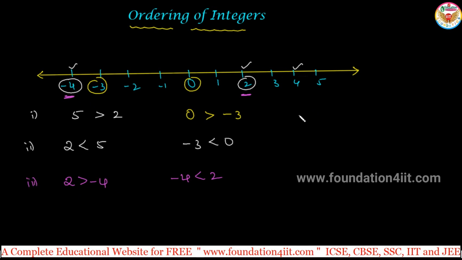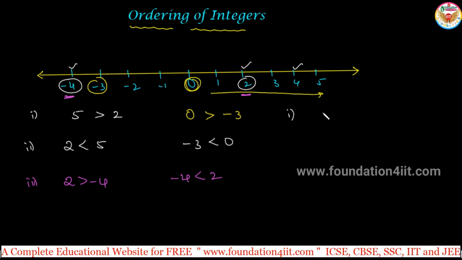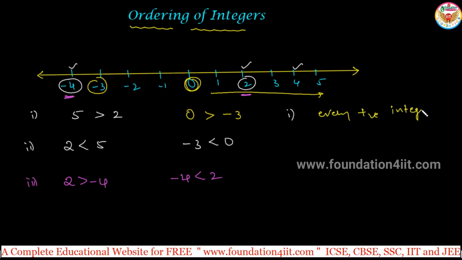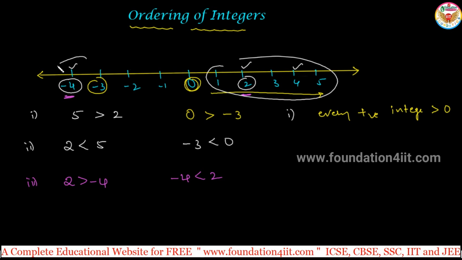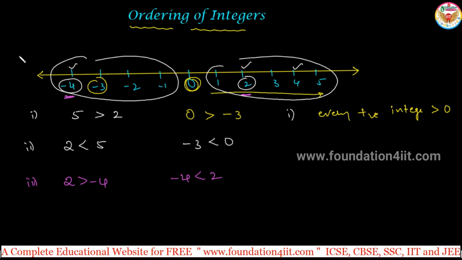So based on this we can conclude 4 points. First, every positive integer is greater than 0, because 0 is on the left side and all the positive integers are on the right side. And every positive integer is greater than every negative integer. When you see the set, all the positives are on the right side and all the negatives on the left side.